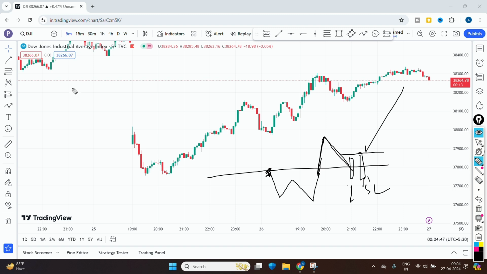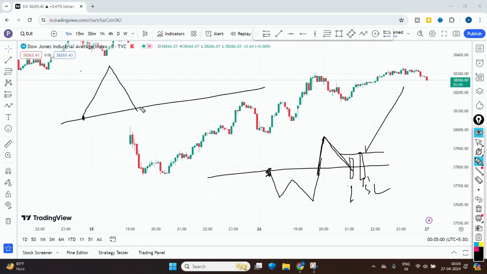The market could do the opposite also. The market begins here, goes upside, and comes downside. So you must think that this level is your support level, and the market came downside suddenly and then came upside.